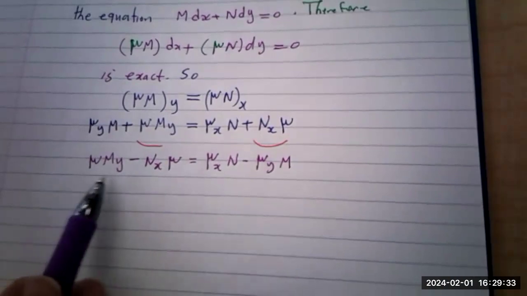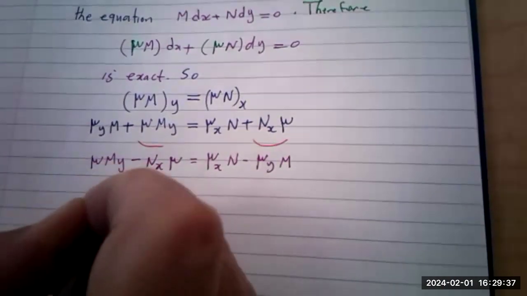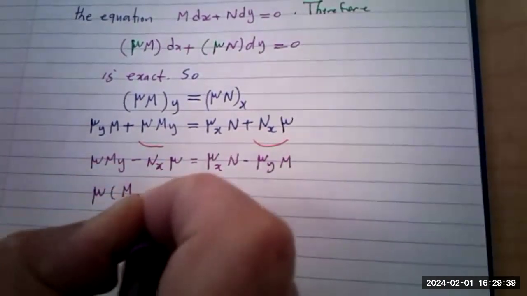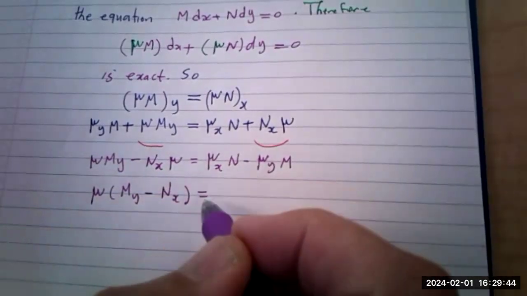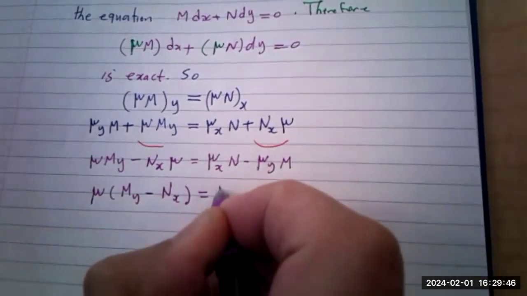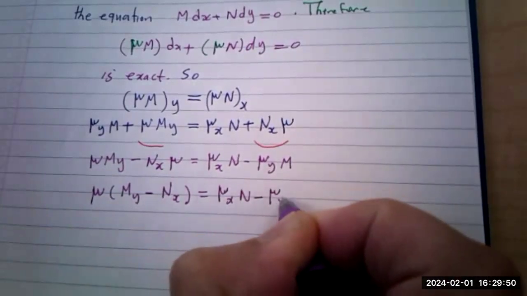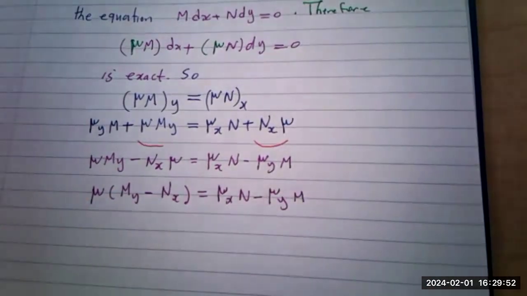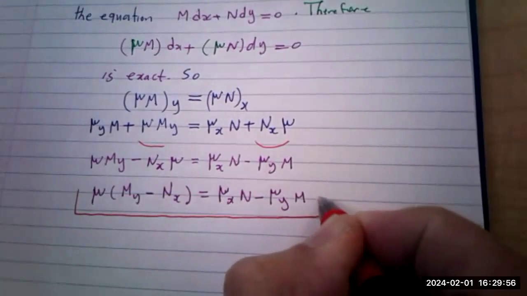So what I do, I'm going to factor out the mu here. It gives me mu times (M sub y minus N sub x), and on the other side, mu sub x N minus mu sub y M. You see, that's going to be the key equation if you want to do this type of problem.